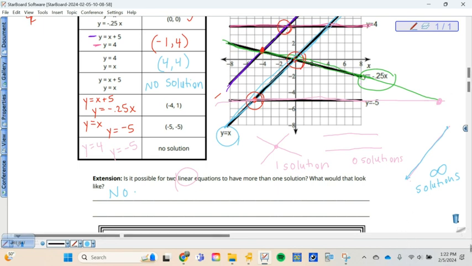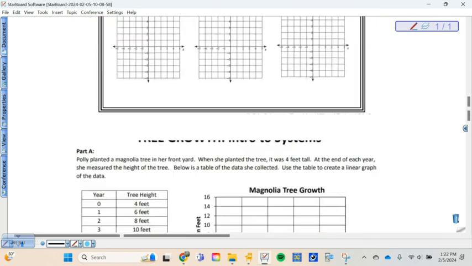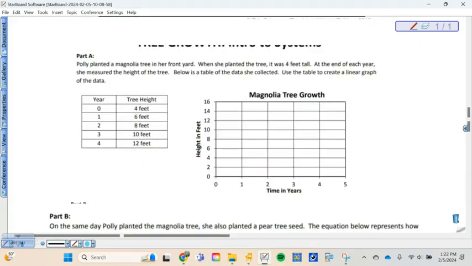All right, let's flip over to the other side and we're going to look at the trees. Polly and her trees. She's got a magnolia tree, which she planted in her front yard. How tall was it when she planted her tree? 4 feet tall. And at the end of each year, she measured the height of the tree.